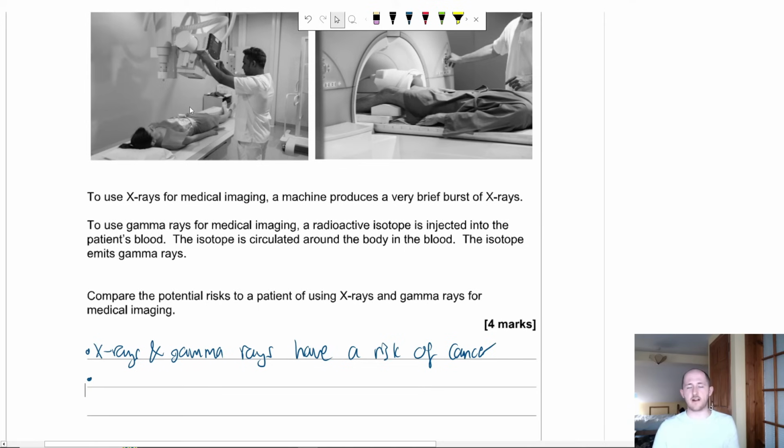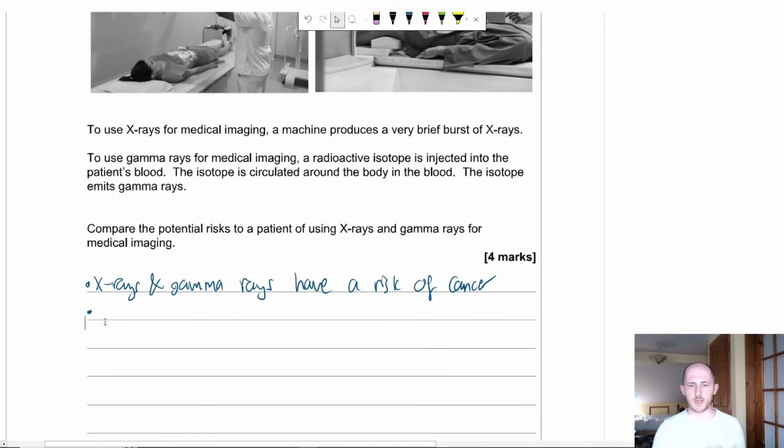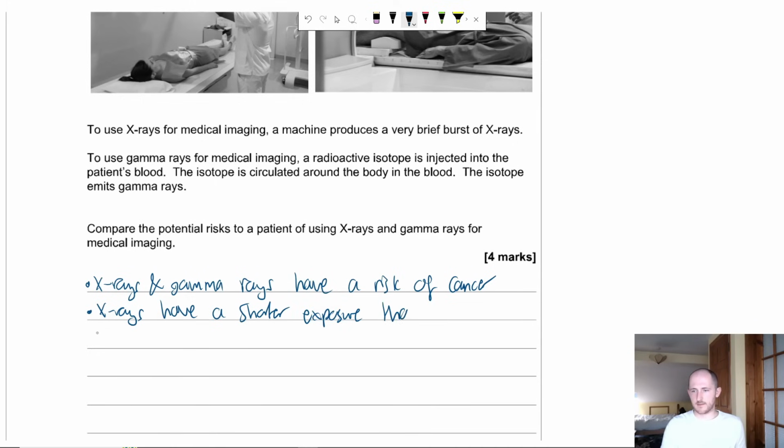It's very, very quick. So, all we have to say is X-rays have a shorter exposure than gamma rays. So that means it's like a lower risk in that sense.